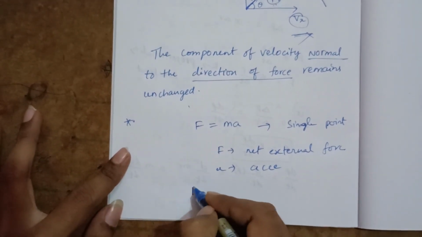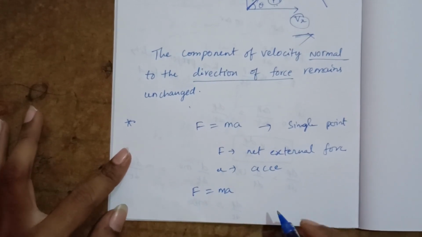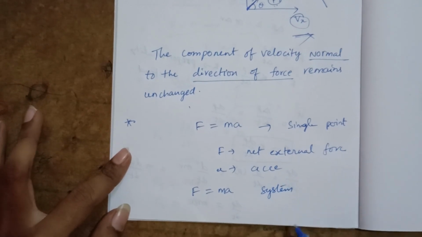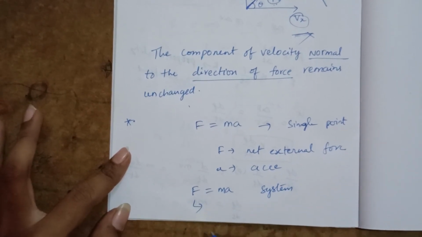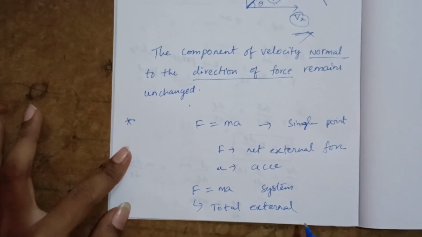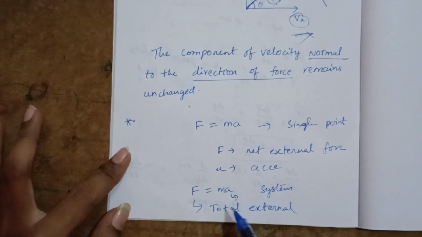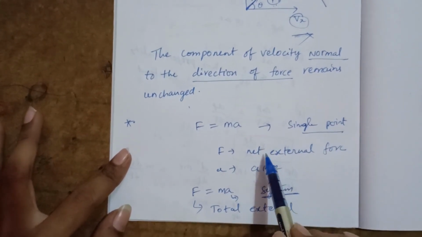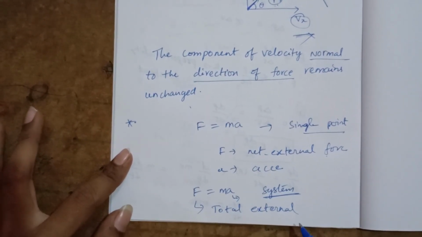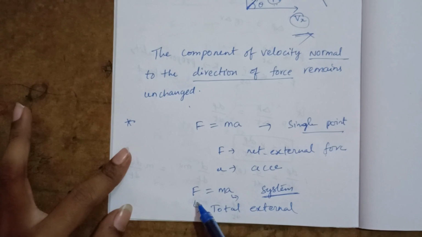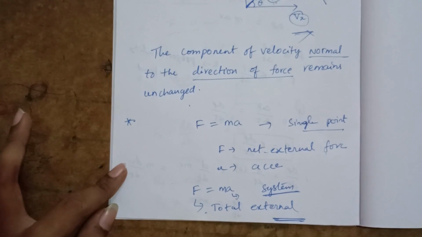At the same time, if you consider F equal to ma for a rigid body or system of particles, in that situation F refers to the total external force and a refers to the acceleration of the system.